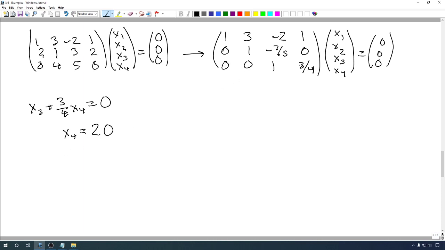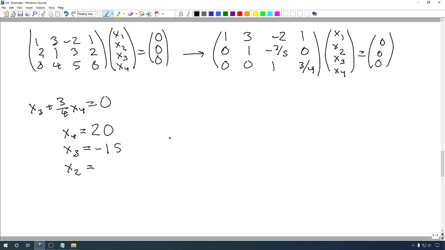Because we do have this 5 on the bottom here, we want to somehow cancel out that 5. Basically, we're using a common denominator. And if x4 is 20, we plug 20 into here, we get x3 plus 15 is equal to 0. So x3 is going to be negative 15.